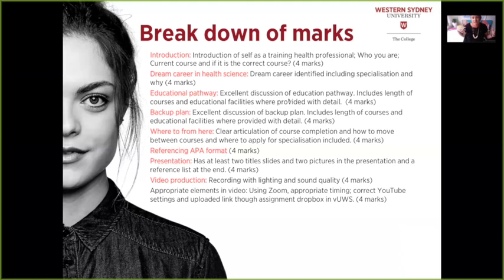Make sure I can see your face and I can hear you as well. And if you can place your video into a production tool like iMovie and eliminate a bit of the clunkiness at the beginning, that's fantastic as well. But we're mainly looking to make sure I can see you, I can hear you, and you've got a clear script that you've kind of got in mind.